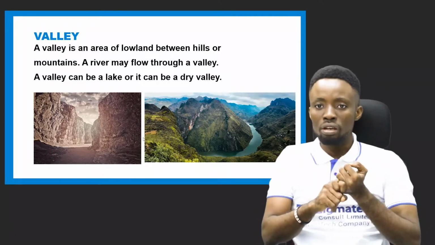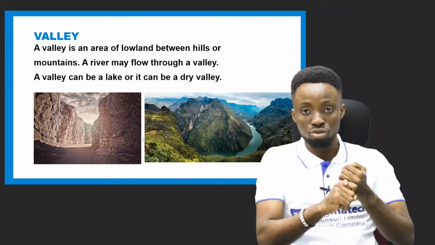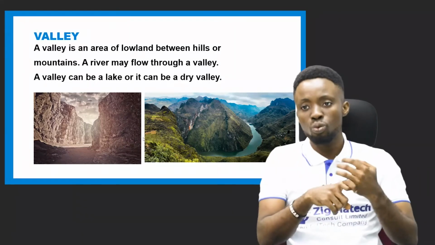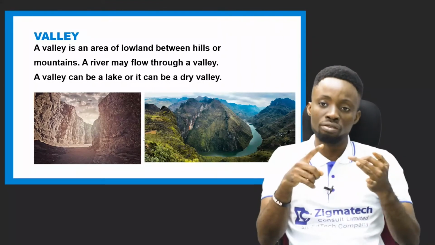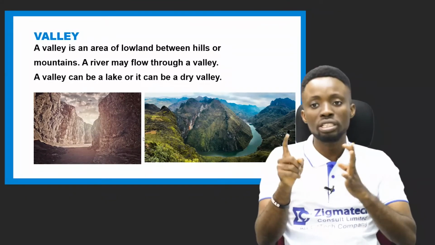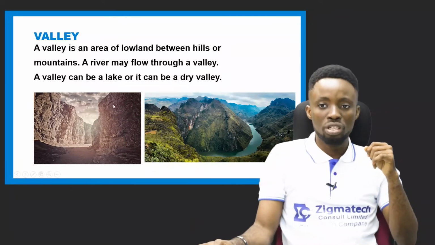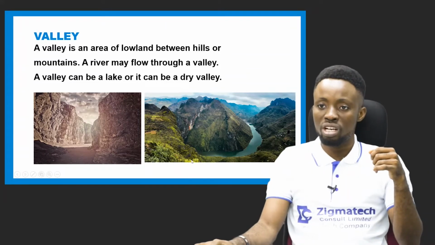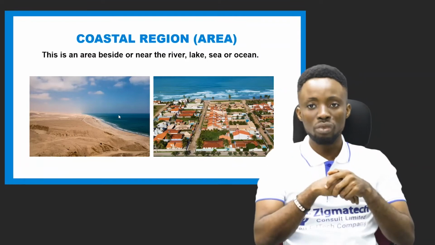When a river or a lake flows through a valley, it is seen as a wet valley or a river valley. But when there is no water flowing through that valley or valley lowland, we call it a dry valley. So what's on your screen is just an illustration of what a dry valley looks like and what a river valley looks like.